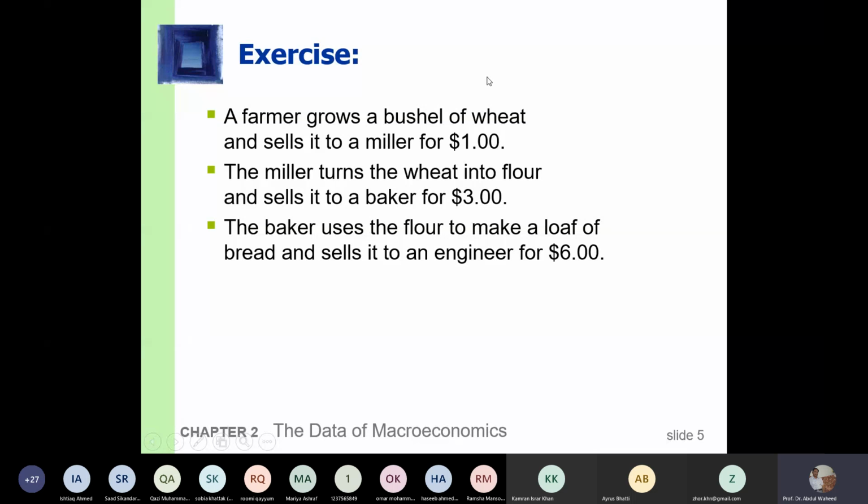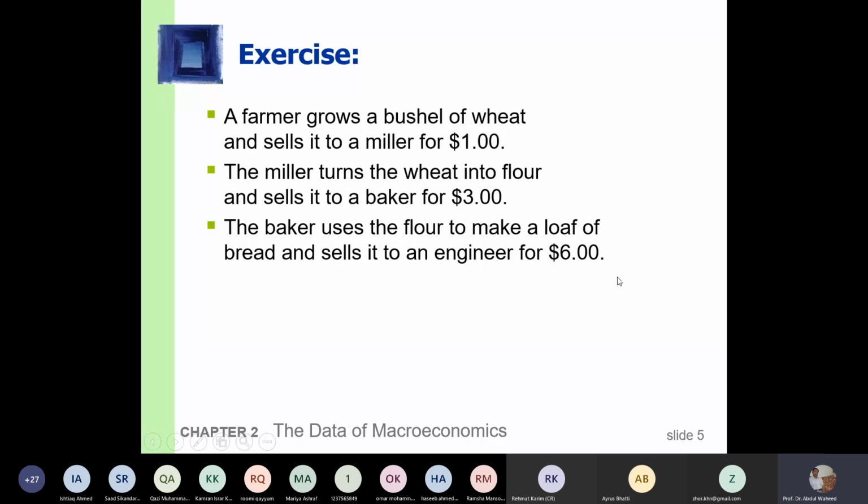So what is the total value added? $6. Because in the first stage it is $1. Second stage, 3 minus 1, $2. 1 plus 2 is 3. And then in the third stage, the value added is $3. So it will be $6. So if we add all the value added, we get $6.